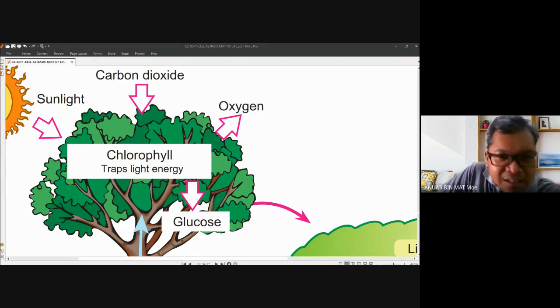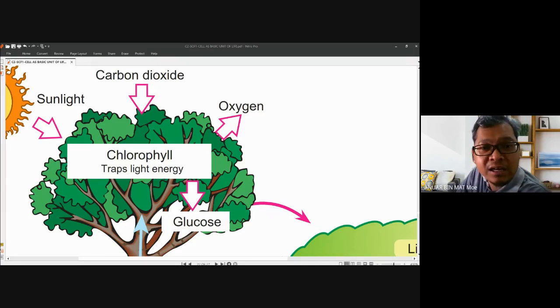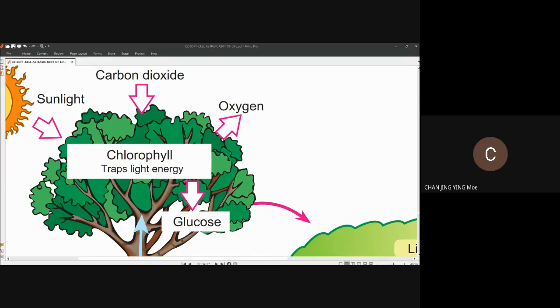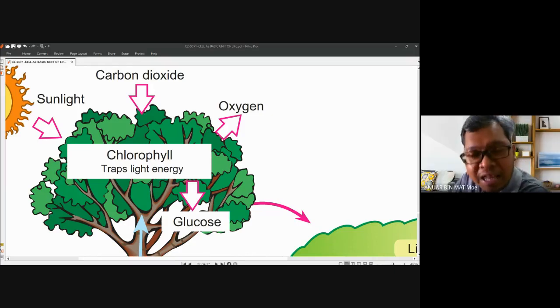Ying Ying, if suddenly in our world there is no human, can plants live or not? Yes, plants can live, because of the special feature that plants can make their own food.